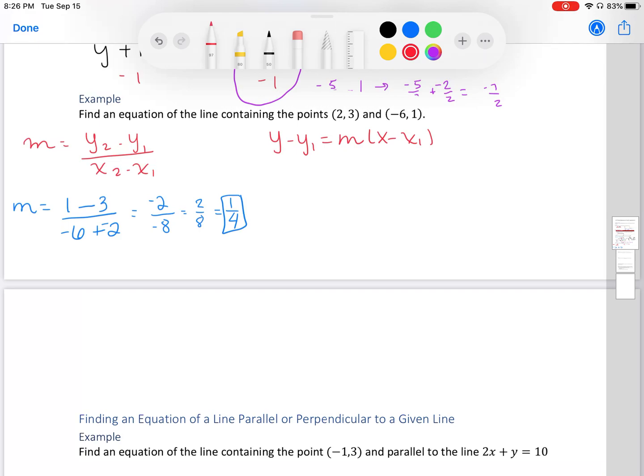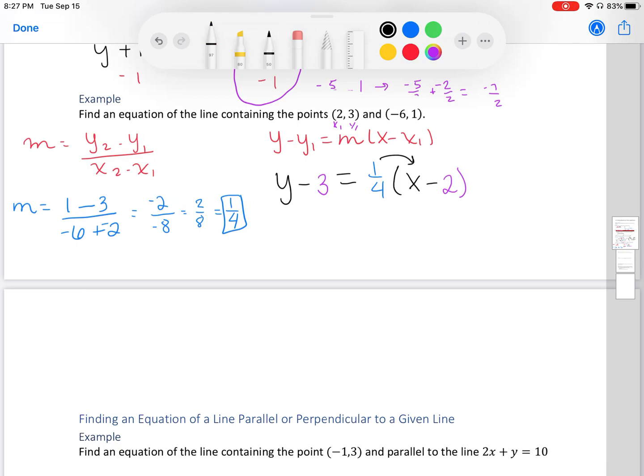It doesn't matter which point it is as long as we're consistent, meaning we pick the x and the y from that same point. How about we pick that first one. Let's use substitution so that I have y minus y1, y1 is 3, is equal to m, we found m was 1/4, times x minus x1, and x1 was 2.